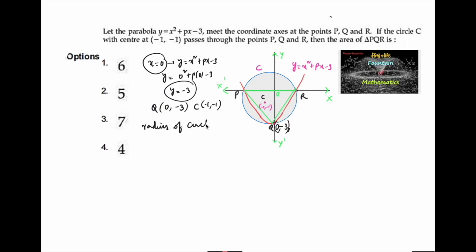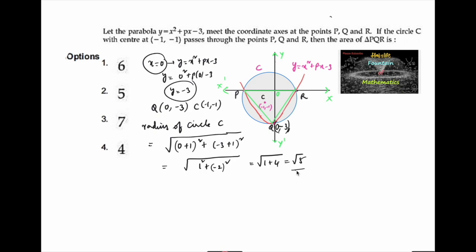Radius of circle C is equal to the distance between Q and C, that is 0 minus of minus 1 whole square plus minus 3 minus of minus 1 whole square, which is equal to under root of 0 plus 1 square is 1, and again minus 3 plus 1 is minus 2 whole square, which is equal to 1 plus 4, that is root 5. So the radius of the circle is root 5.